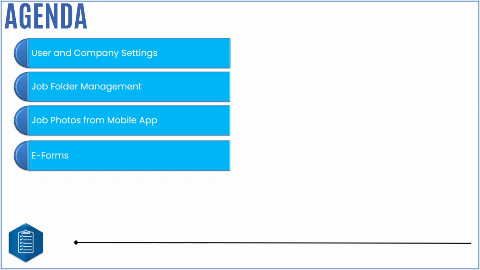And we'll deep dive into e-forms, including how to capture in-person and remote signatures, upload and use customizable forms like certificates of completion or work authorizations, and understand mobile settings like replace PDF functionality.